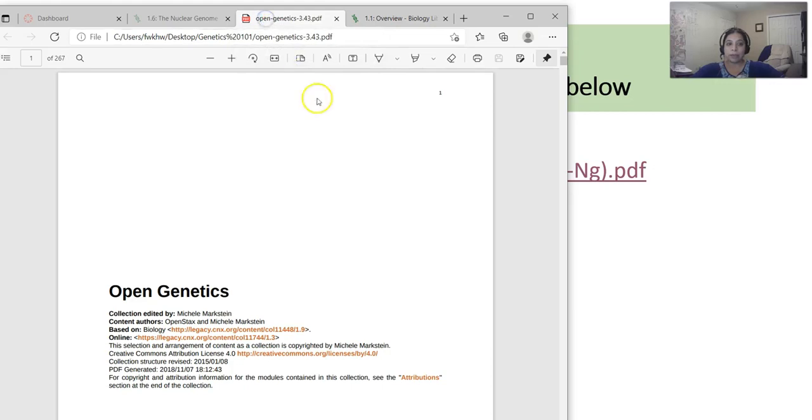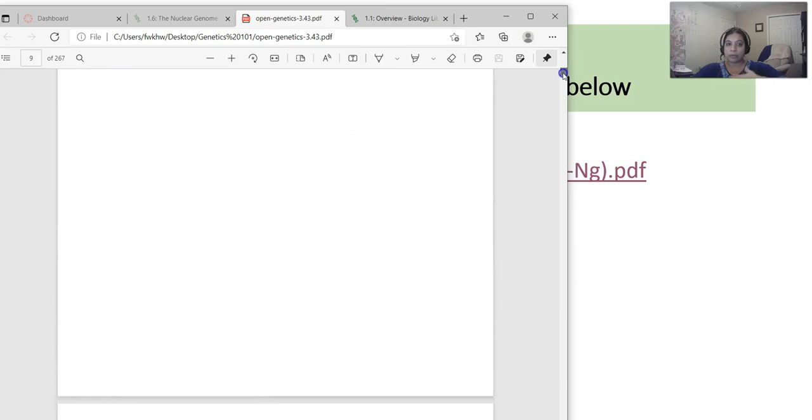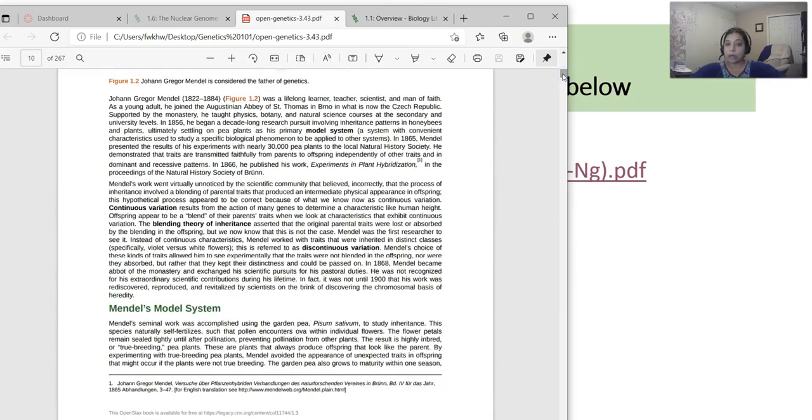The second book that I'm going to be using is this Open Genetics. This is the Opentexts Genetics textbook that is collected and edited by Michelle Markstein. This one is a lot more detailed. It goes through each topic with a lot more description, a lot more background information.